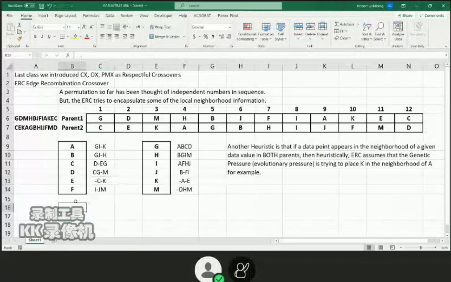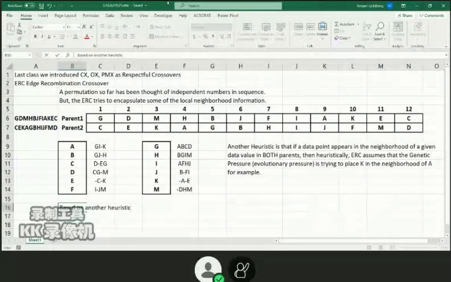Okay, now, here's an important point that you should realize, although some authors, unfortunately, make a slight mistake. Based on another heuristic, which we will get to later, and we should bump into it, there are a lot of heuristics here.